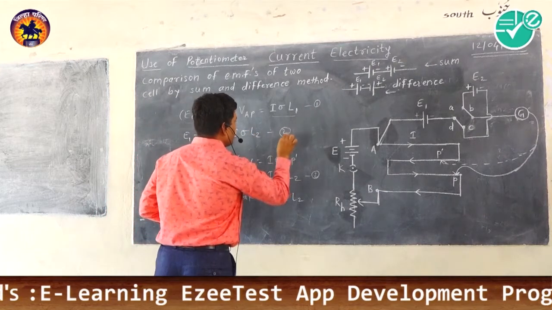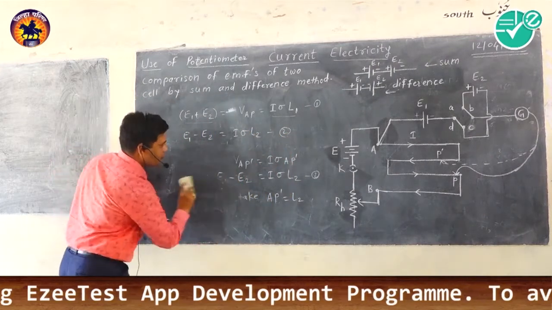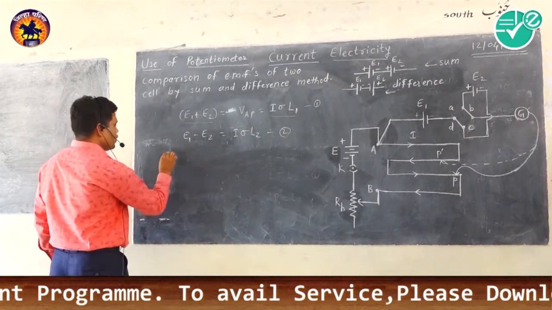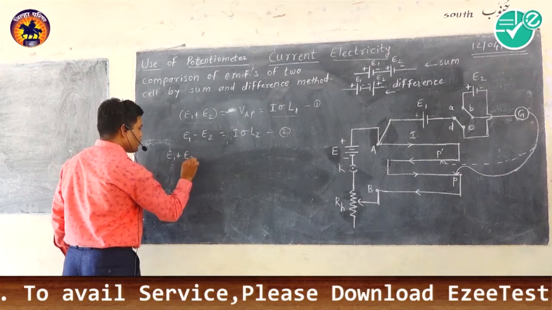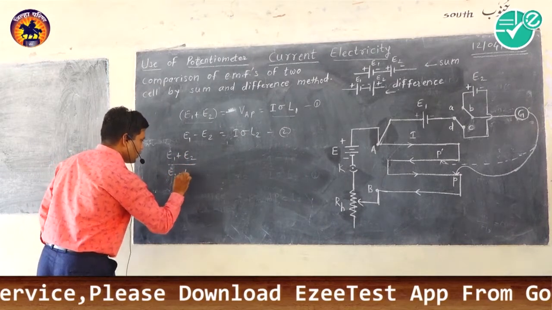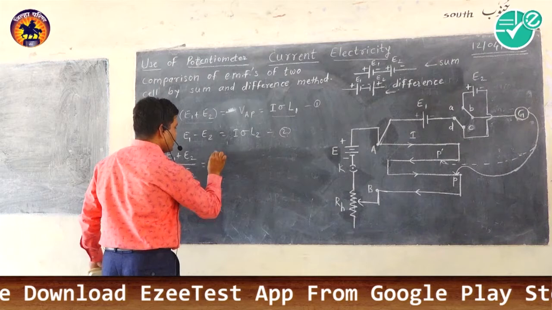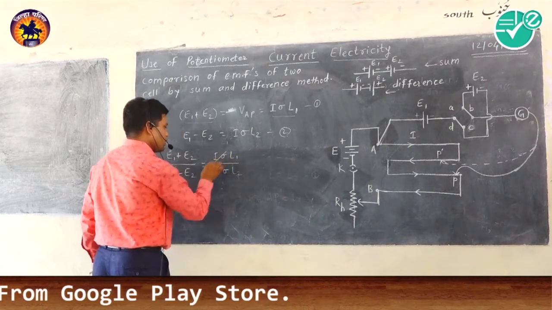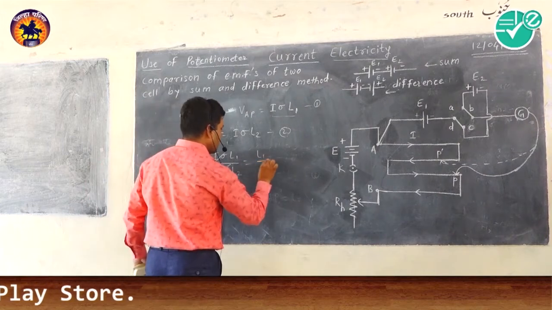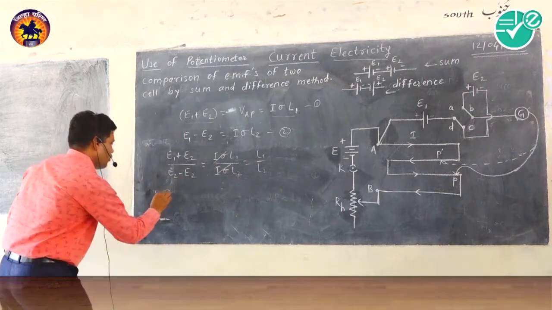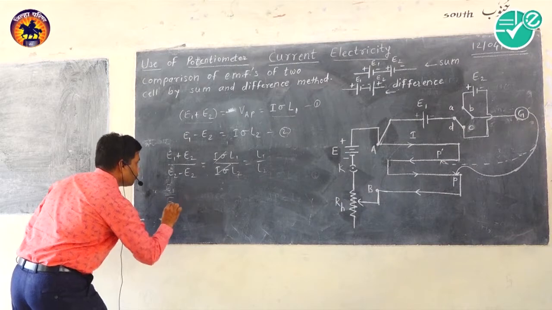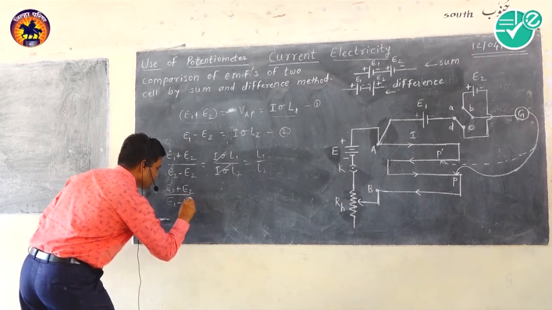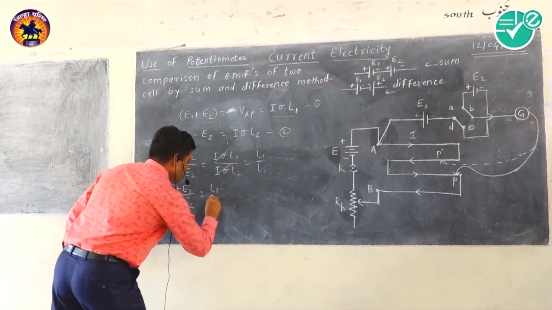Dividing equation first by equation second, we get I sigma L1 divided by I sigma L2. I sigma cancels and we get L1 upon L2. So E1 plus E2 divided by E1 minus E2 is equal to L1 upon L2.